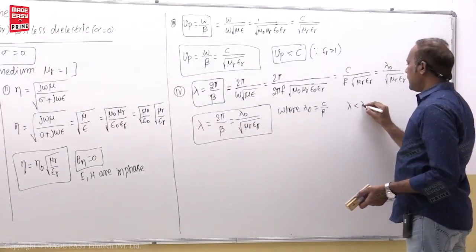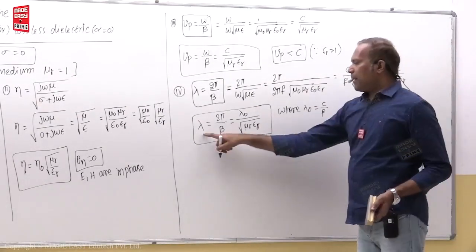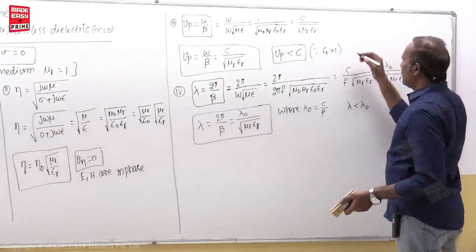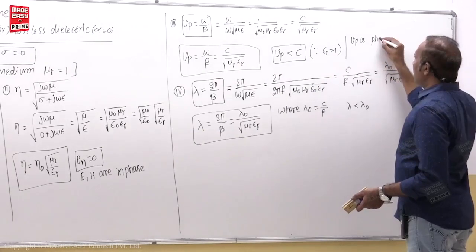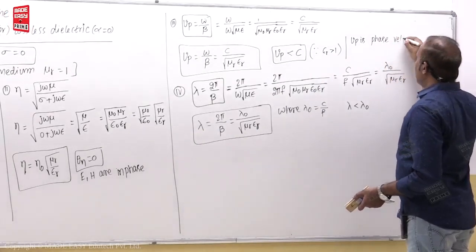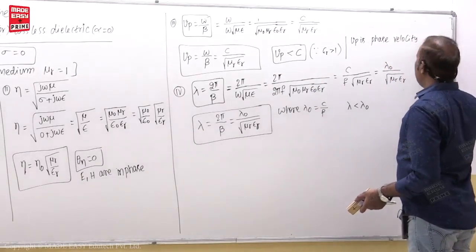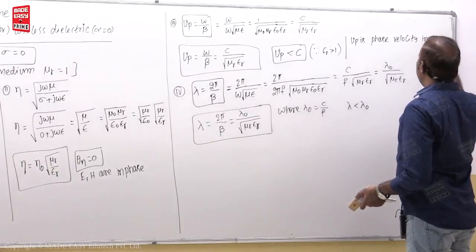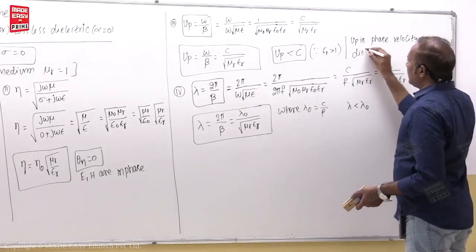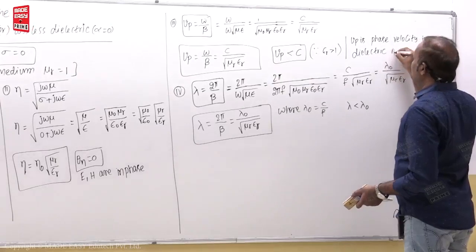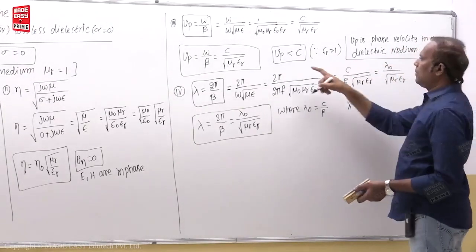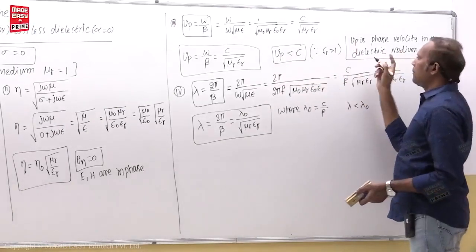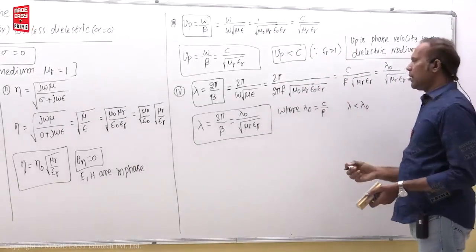Lambda is less than lambda naught. So I will write here, if you want, Vp is phase velocity in the dielectric medium. Okay, here Vp means phase velocity in the dielectric medium. C means light velocity, you know already.